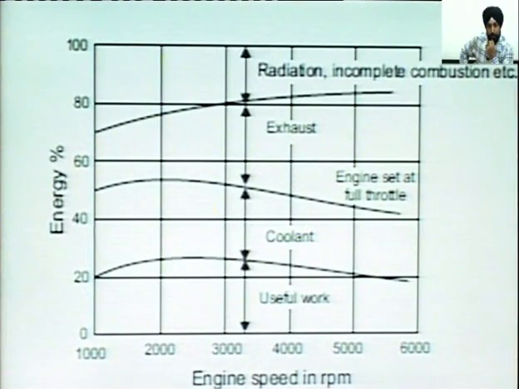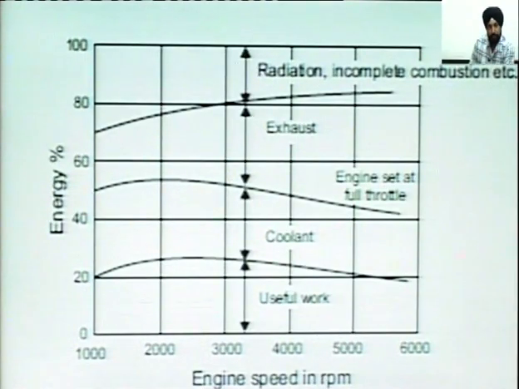We have given the engine speed in RPM: 1000 RPM, 2000, and then all other speeds. On the other side, the total percentage of energy has been shown, from 0 to 100%. Useful work has been shown at the bottom. You can observe that with the increase in speed, the useful work also increases, but after reaching its maximum value at around 3000 RPM, it decreases.